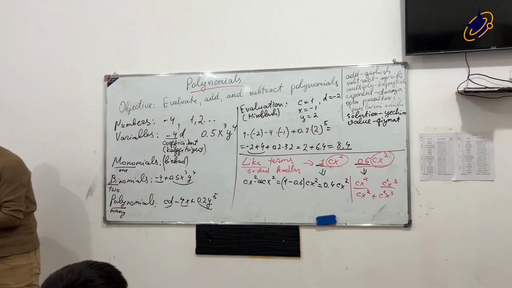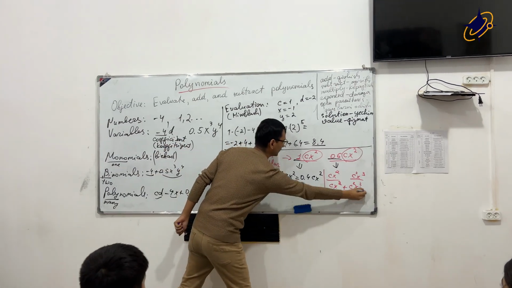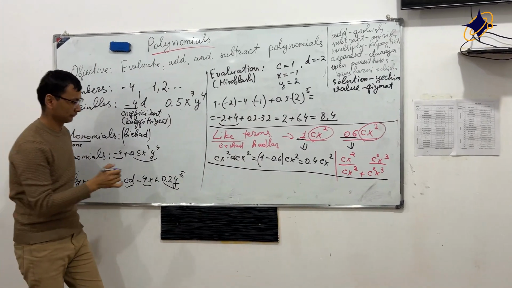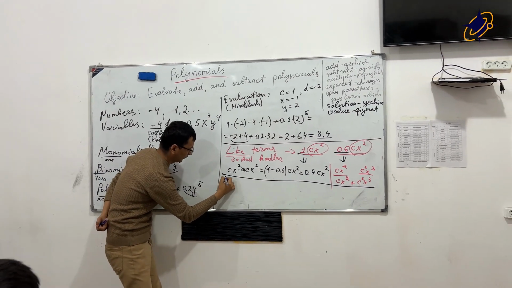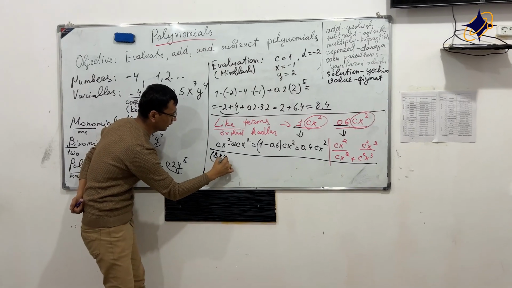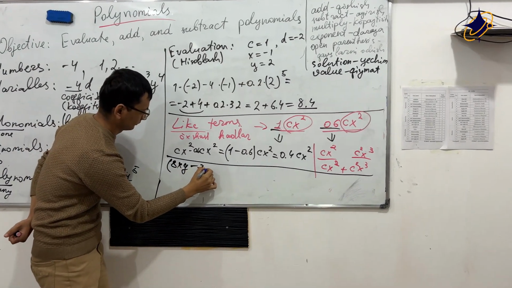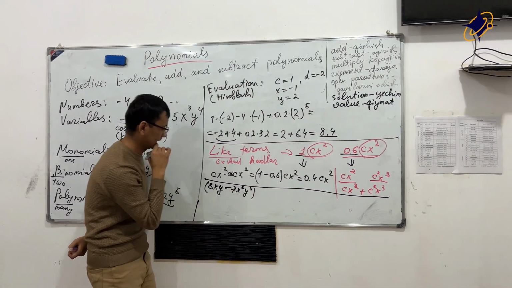And final thing: opening parentheses with a negative sign and a positive sign. For example, ax equals minus 7, x equals 2 and y equals 4.